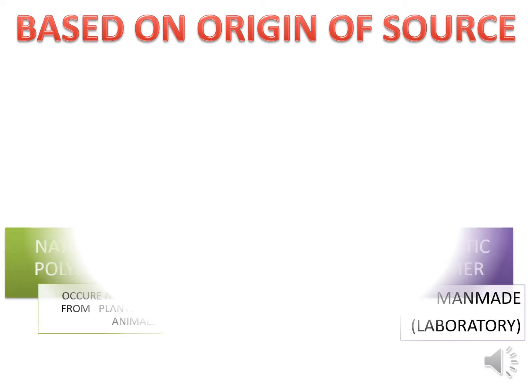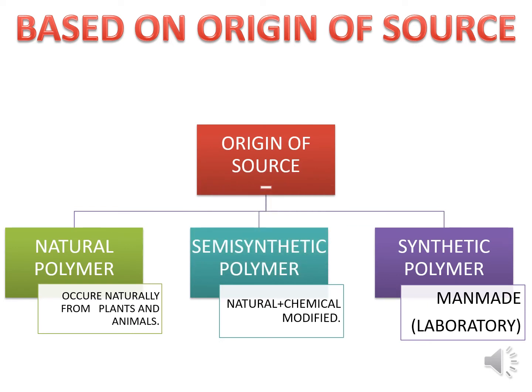The first classification of polymers is based on their source of origin. Natural polymers are polymers which occur in nature, existing in natural sources like plants and animals.